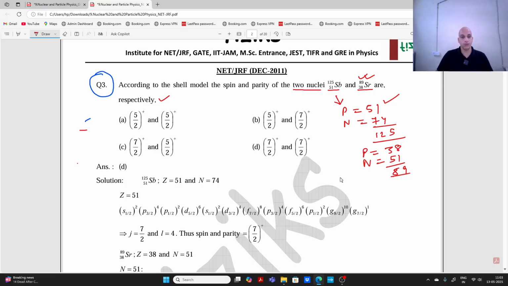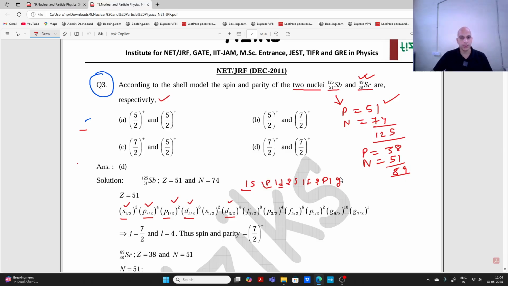So we know very well the sequence is 1s, 1p, 1d, right? 2s comes in between. So 1s, 1p, 1d, 2s, 1f, 2p, 1g, right? In this case, 1s is here, 1p has 2 cells, 1d has 2 cells, but 2s comes in between.